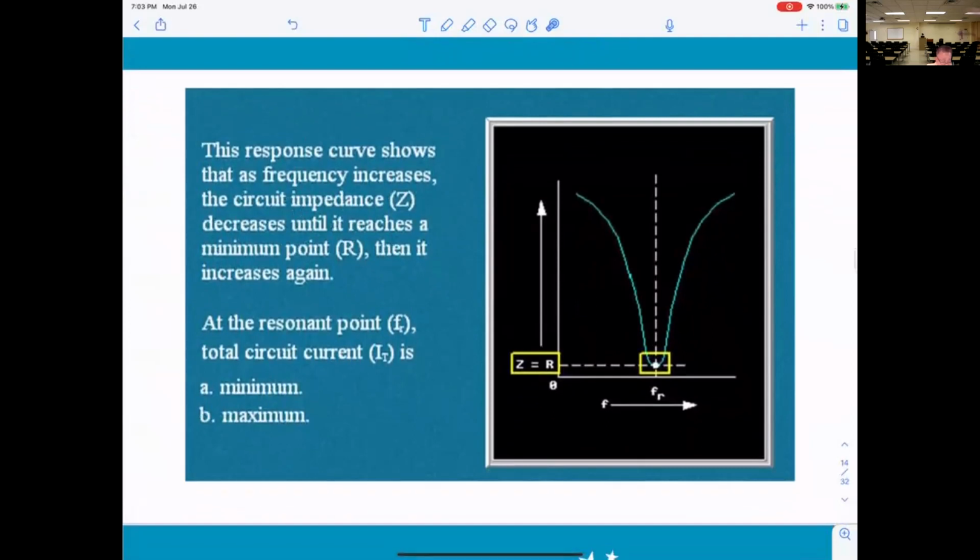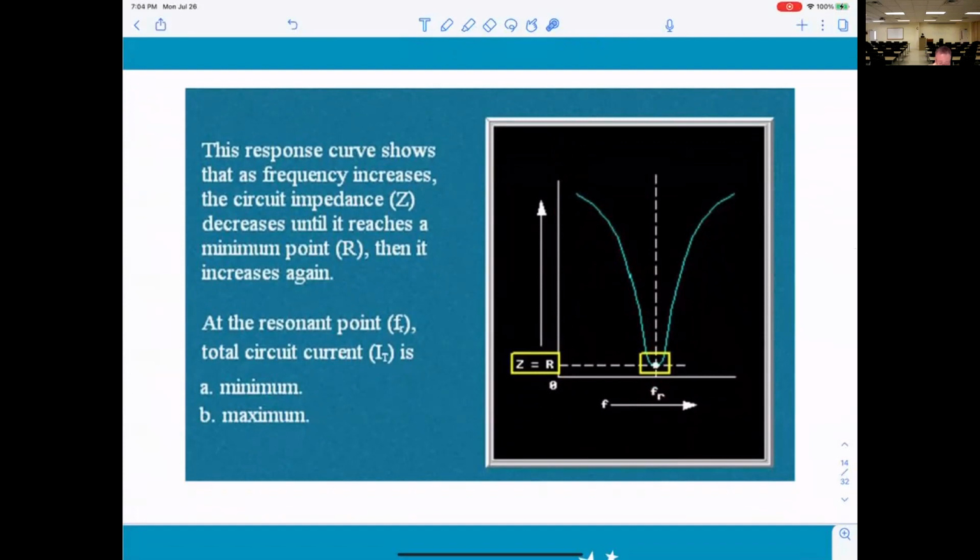This response curve shows that as frequency increases, the circuit impedance decreases. That stands for the impedance, okay? And it will be at its lowest at this point right here. That means at the resonant frequency, XC and XL cancel out.